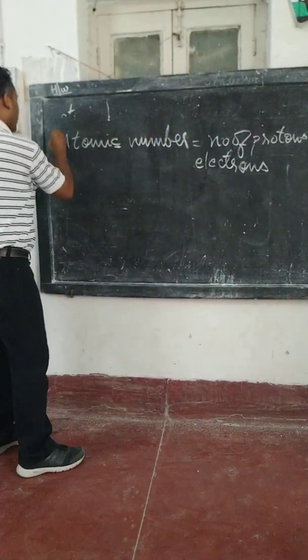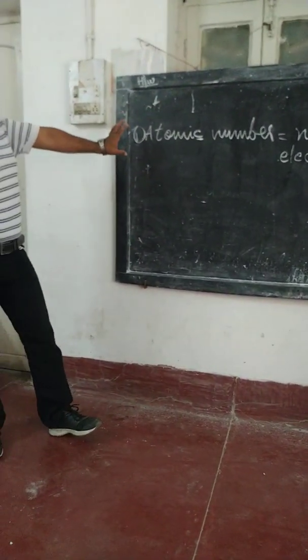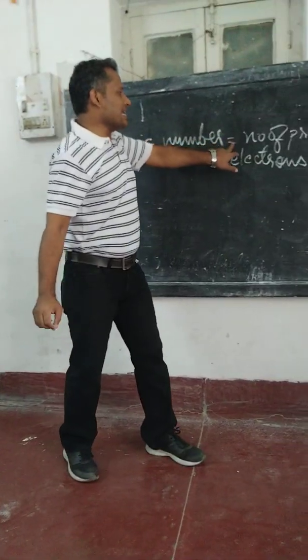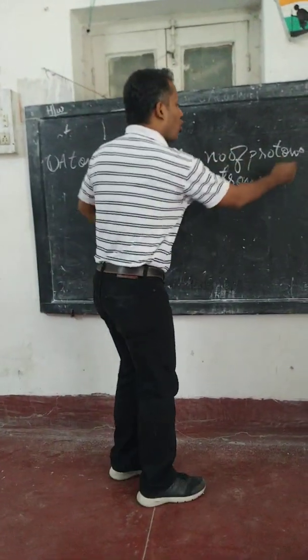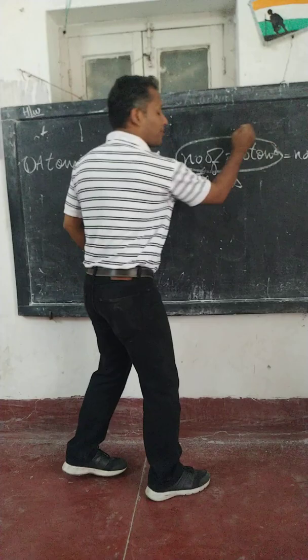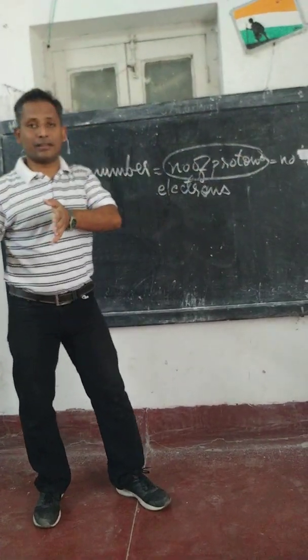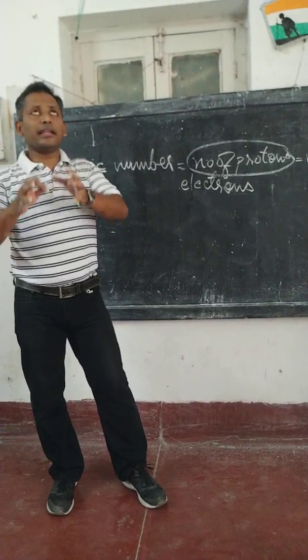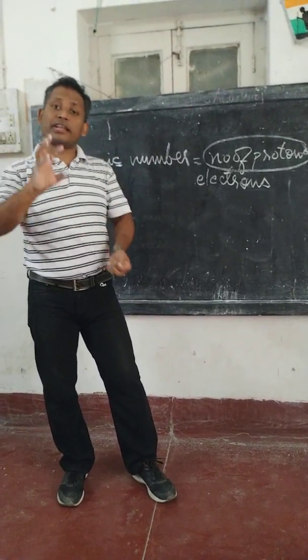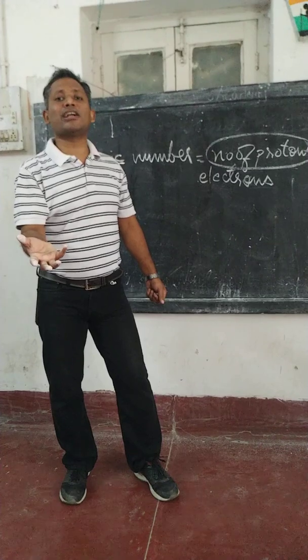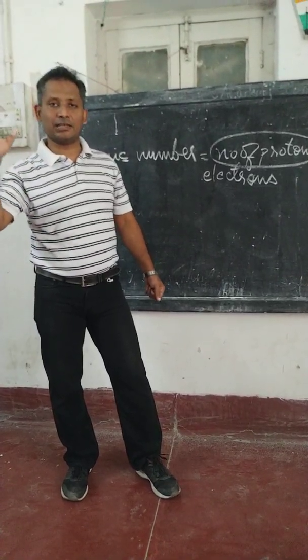So what is atomic number? The definition is: atomic number is the number of protons present in an atom. For example, oxygen has 8 protons, so the atomic number of oxygen is 8.